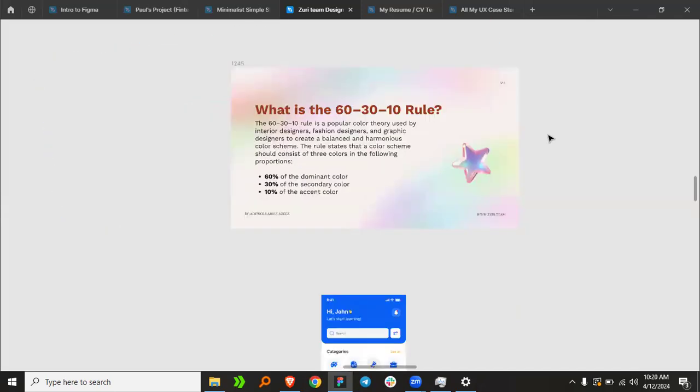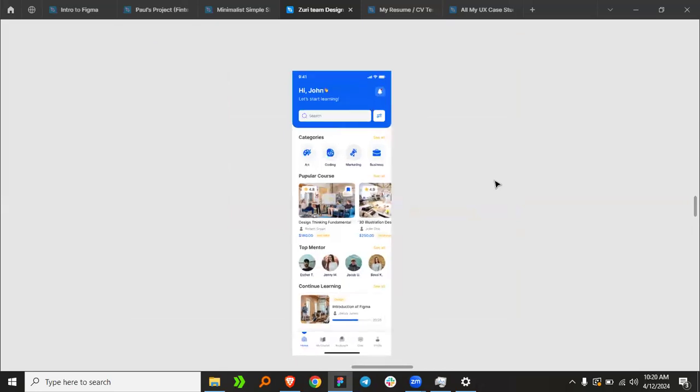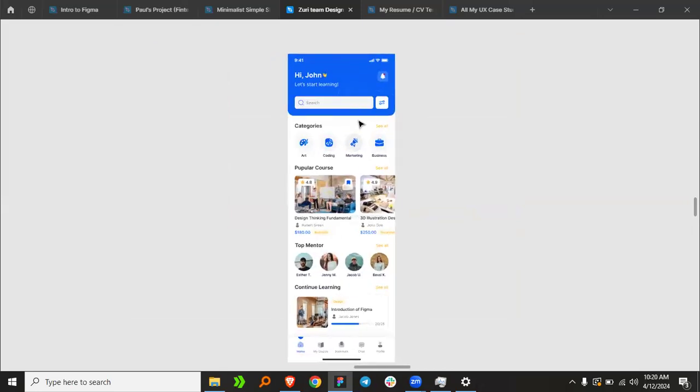So an example here that I would like us to look at is this mobile app interface, right? So the 60% is the white part. Then the 30% is the blue part, right?